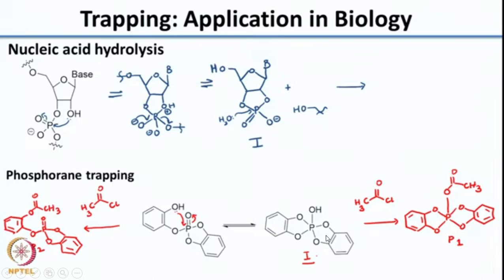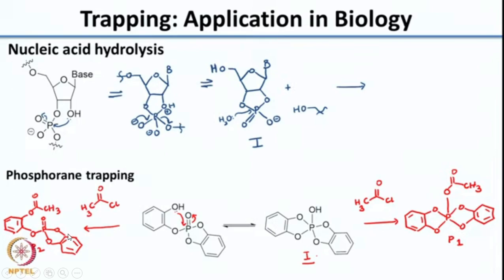Then if we add a trapping agent like chloroacetate, we will observe that it will attack on the carbonyl carbon, followed by the elimination of chloride ion to give the corresponding P1 intermediate. So we can say we have this as an intermediate if we are getting P1 as a product. This is nothing but the trapping of an intermediate.